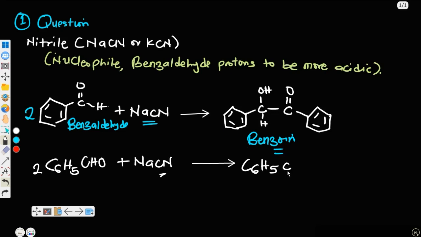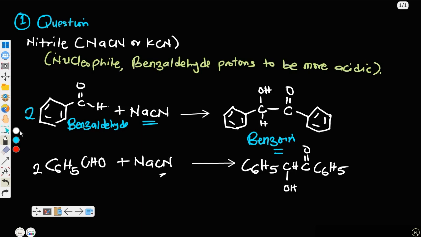This carbon is bonded to hydrogen, so I can have it as CH, and under here, because there's no space on top, I'll put the OH. Are you getting it? And then of course you have this carbon here with the double bond up, and this group here is C6H5. So this is another way to write the equation of reaction.